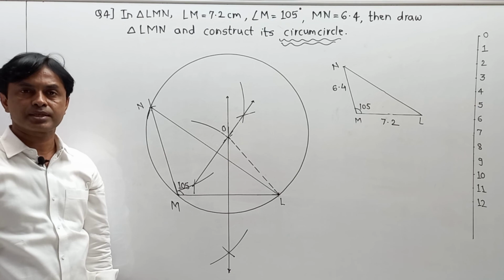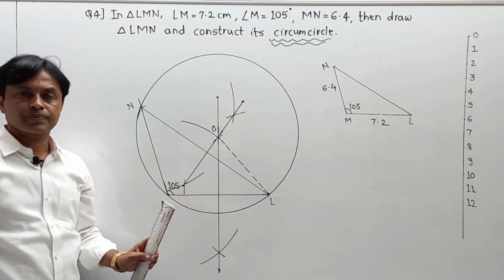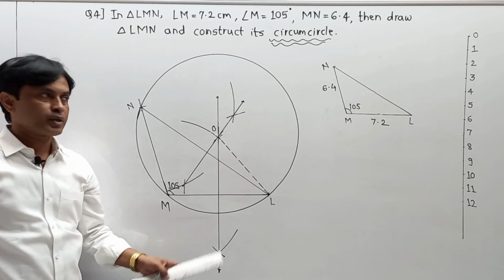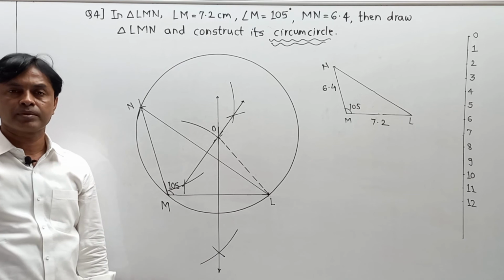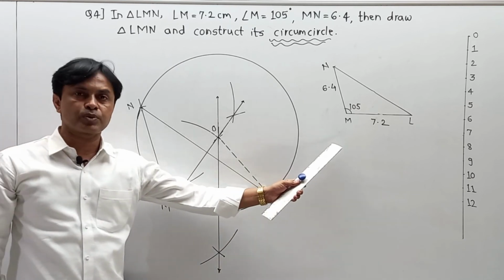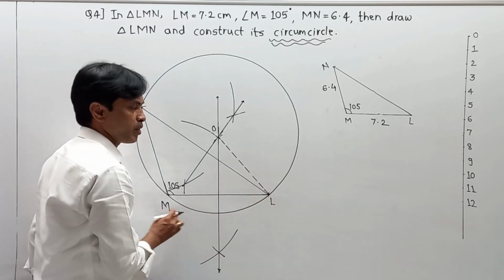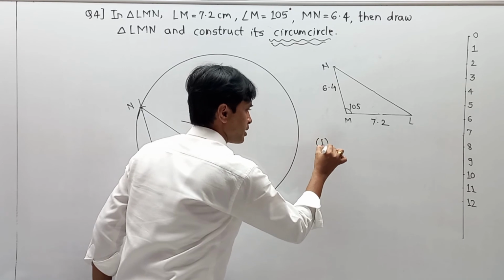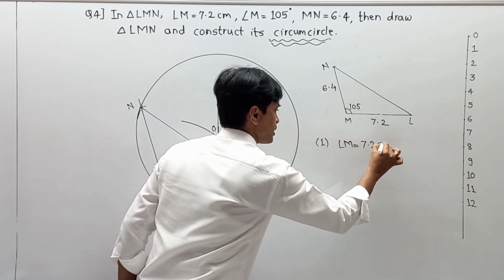Students, again please pay attention. When you go to draw any construction, please go through it step by step. No doubt, if you want to write step 1, step 2, step 3, yes, you can write that, because in some schools instructions are given, and in that case your steps will be like this. In the first step you can say draw a segment LM of 7.2 centimeter.